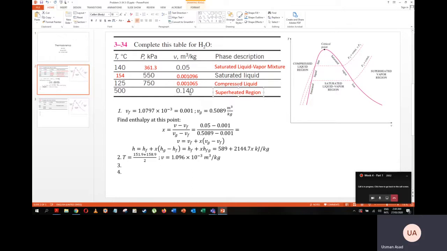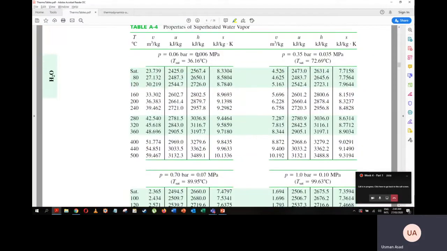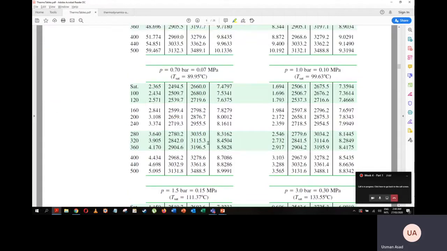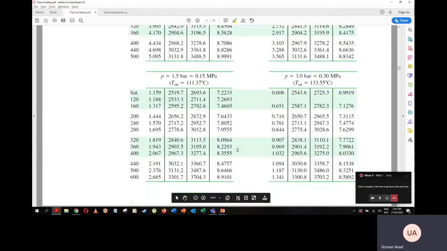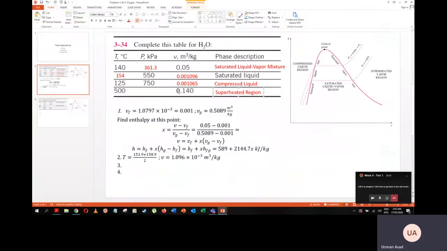So 0.14, and you can probably notice a trend here, right? कि आपके पास pressure बहुत कम है, तो you got a really large volume, at that really low pressure, और उसके बाद यहाँ पे इसके specific volume काफी कम हो गया जब pressure बढ़ा रहे हैं. So as you're increasing the pressure, 500 degrees पे ही volume की value कम हुई जा रही है. So you have to scroll down until you find a volume की value which is closer to the required value of 0.14.